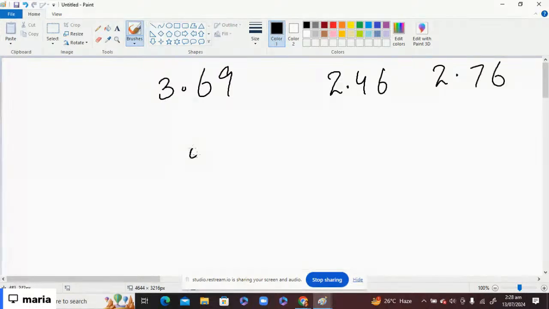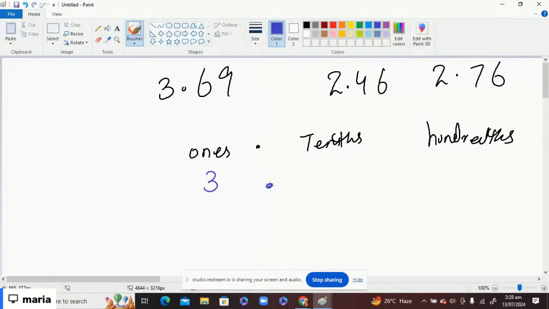Okay, ones place, same thing you are doing. Tenths and hundredths. Let's write all the numbers. This is 3.69. Second is 2.46. Third is 2.76.